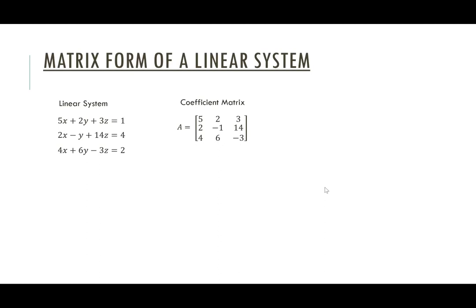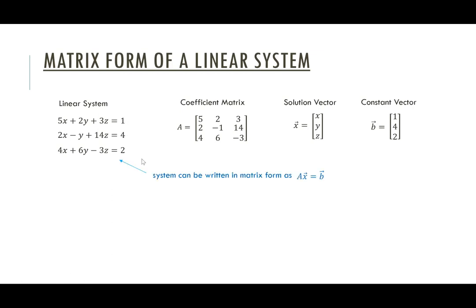Look at its coefficient matrix, the solution vector, and now let's think about this column vector, the constant vector, the right-hand sides, 1, 4, 2. Then we can write this linear system as a matrix vector product, where we take the matrix A, multiply it by the vector X, and get the vector B.